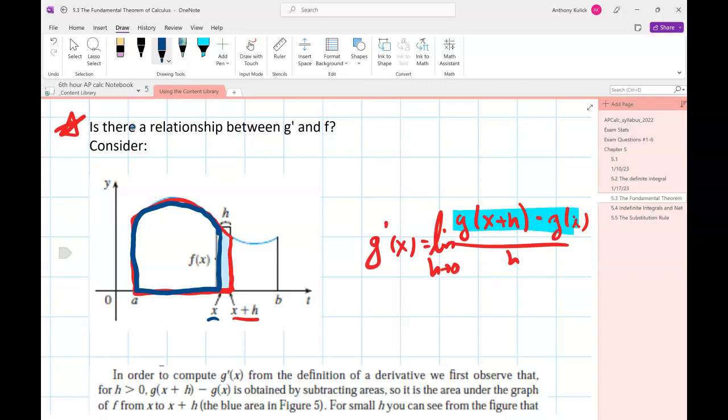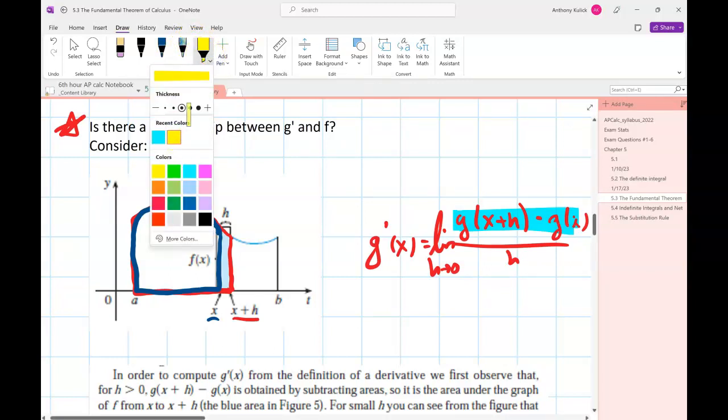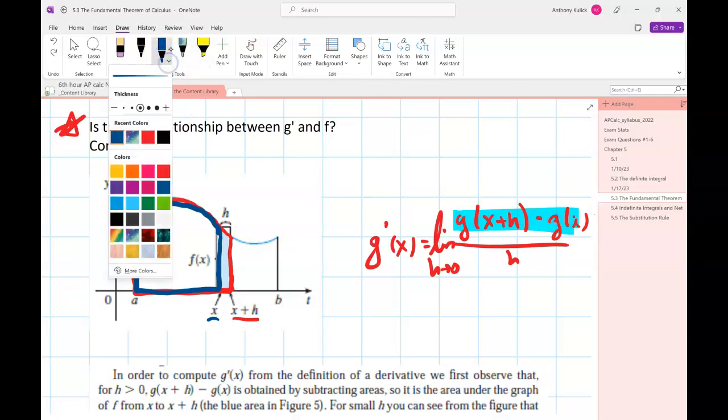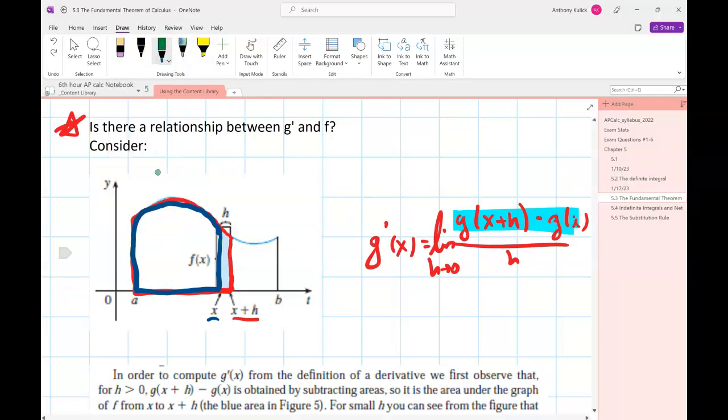Everybody agree with that? So g of x plus h minus g of x would be that area then. Let me use a different color. Right? Everybody's okay there? Okay.